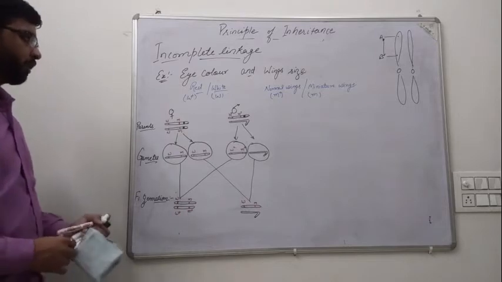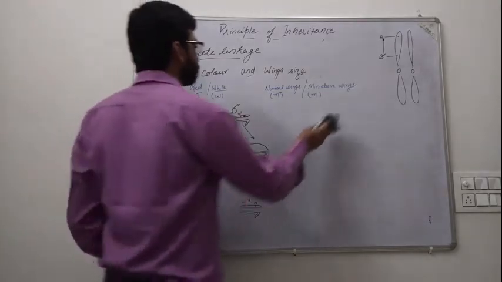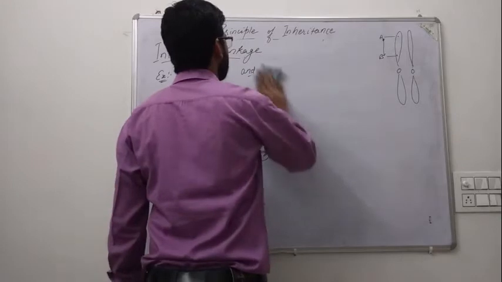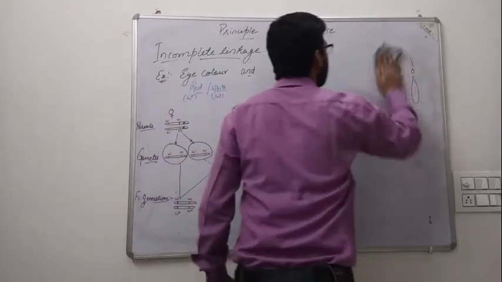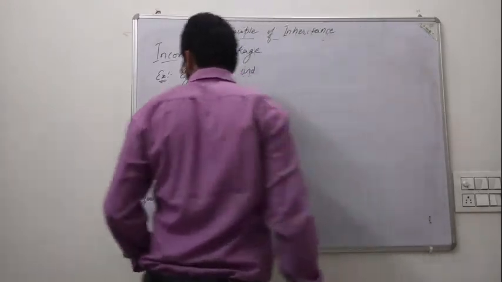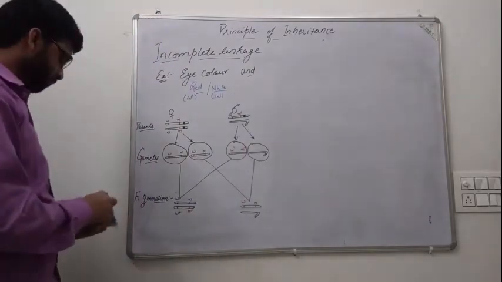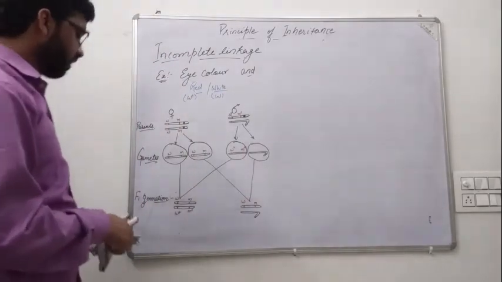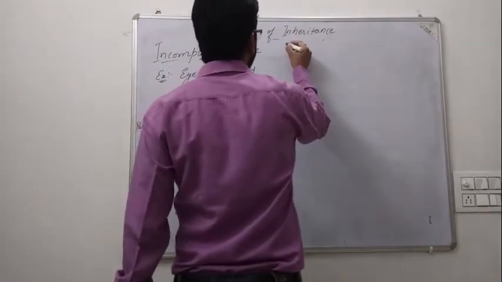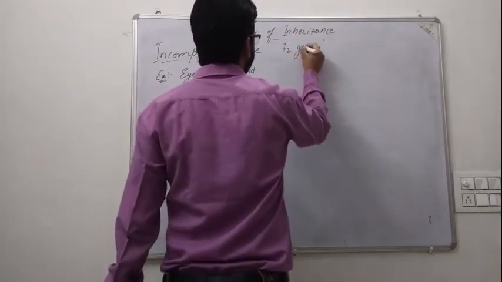Now we do a cross to get the F2 generation.